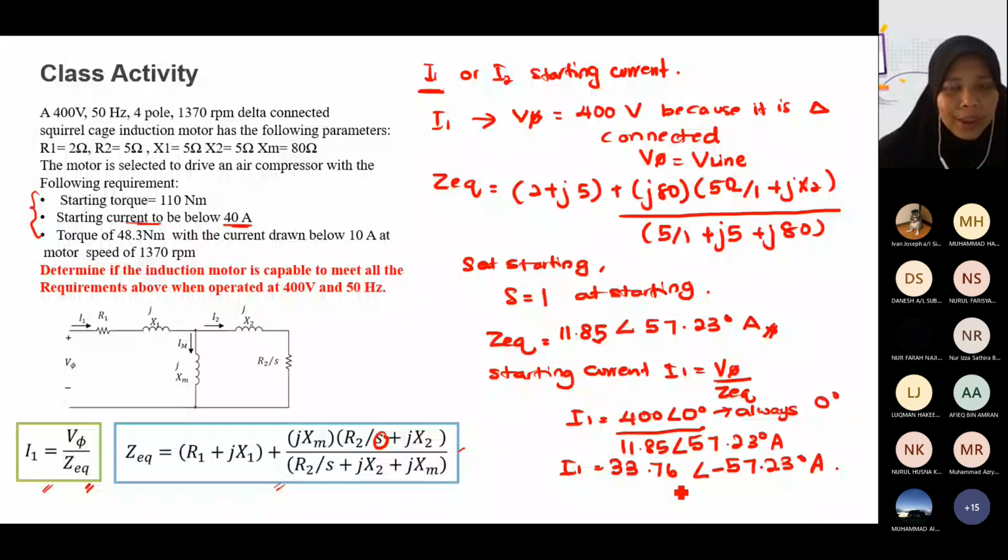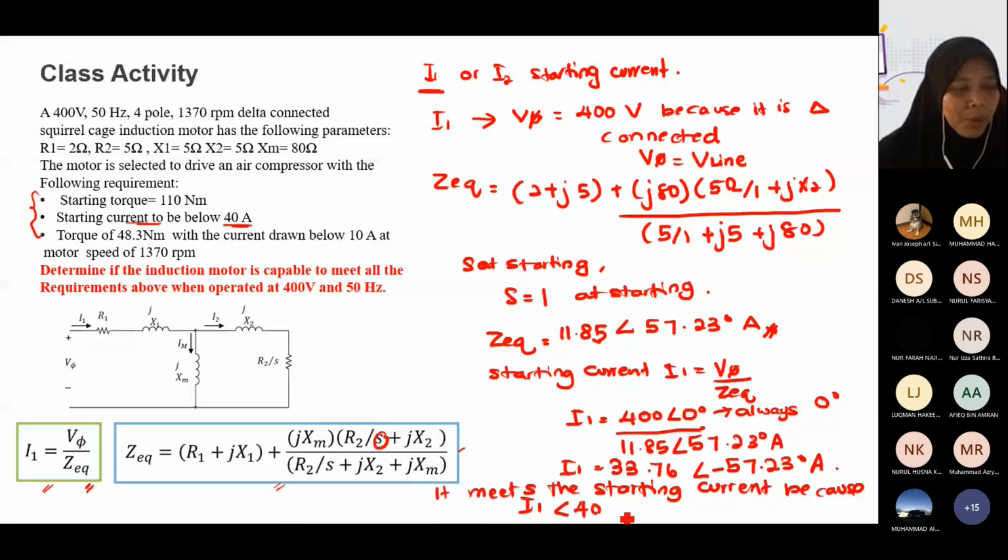So we can say that it meets the starting current requirement because I1 is less than 40 ampere. So you meet the second requirement in order for the induction motor to run the compressor.